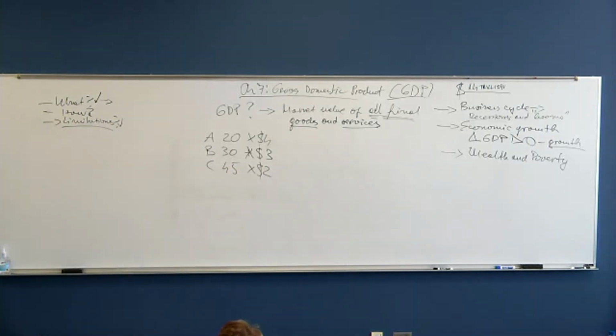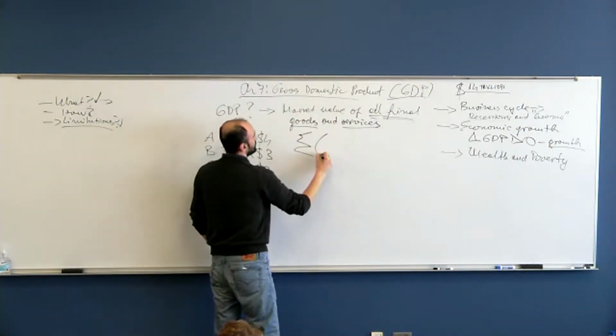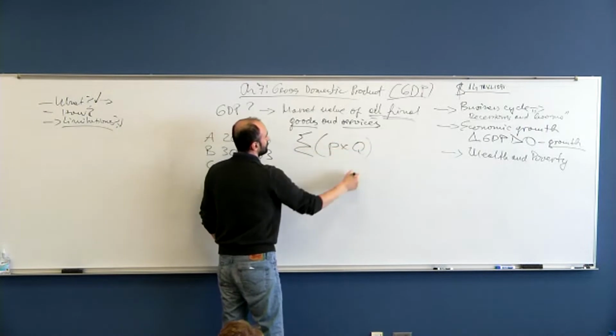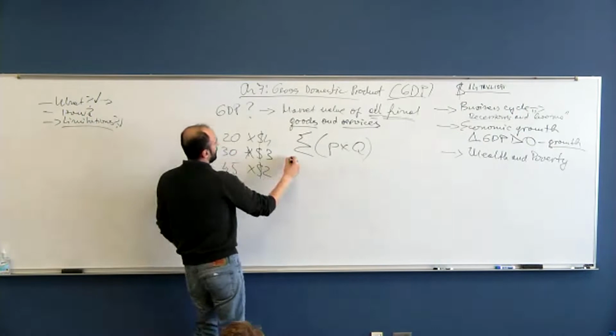So what your GDP in this particular case would be is the sum total of all prices times quantities.